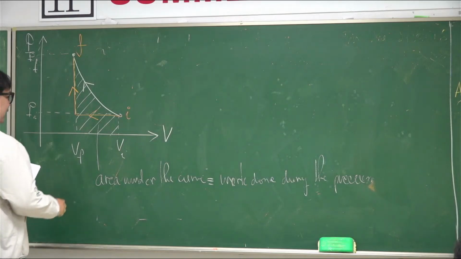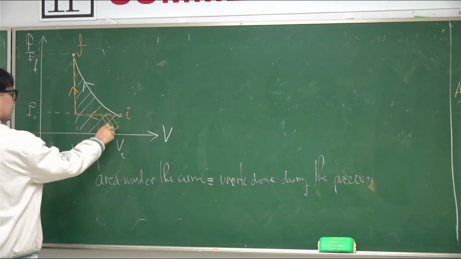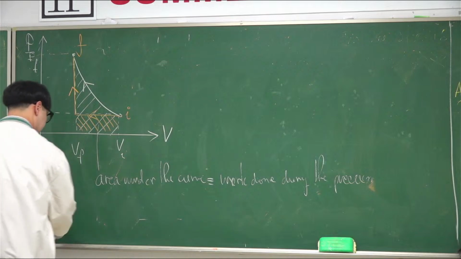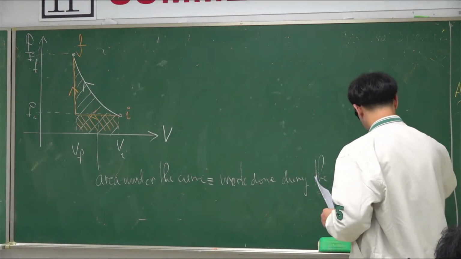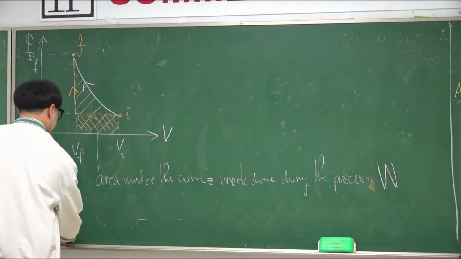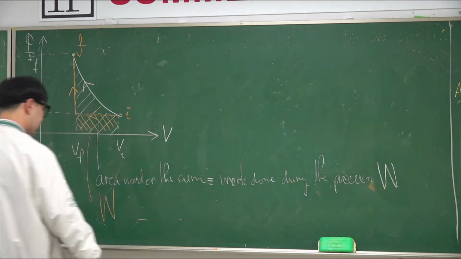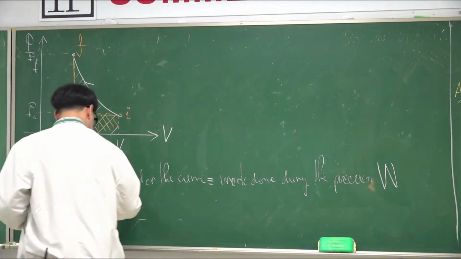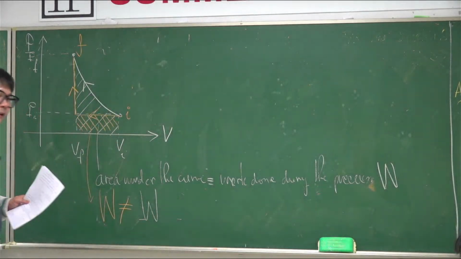So the area under the curve will be this. I would use this white chalk. And then for this new part, we have this yellow W, which is not the same as this one.